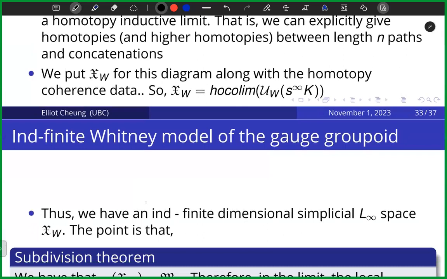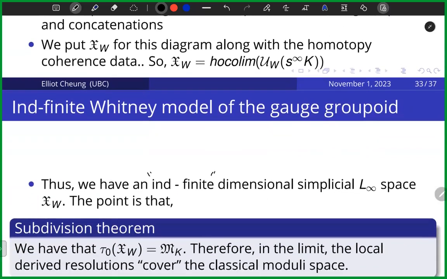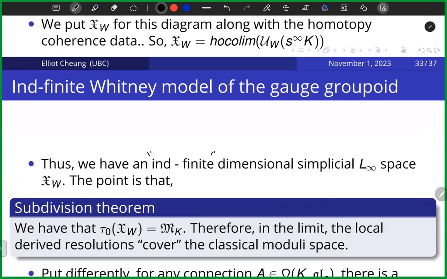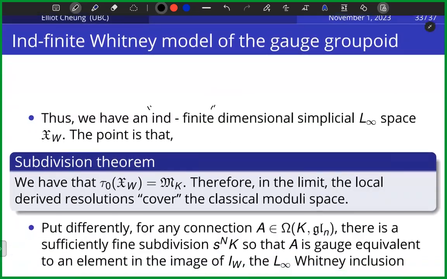So it's an infinite dimensional simplicial L infinity space, and one of the big theorems that we prove is that this actually covers the moduli space, a global covering of the moduli space. So we take its classical truncation, it does indeed recover the moduli space.